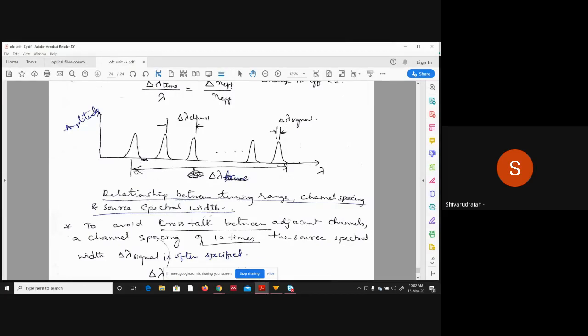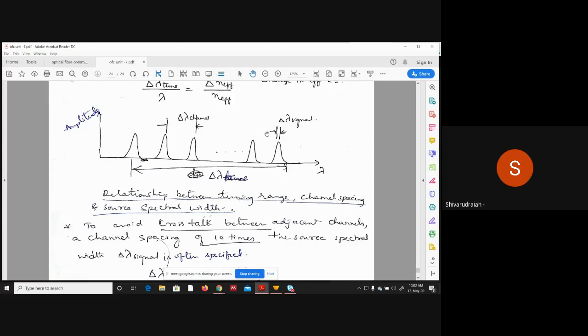As I mentioned, delta lambda tune is the range in which the light source can produce multiple wavelength signals. From the starting point to the end point, this is what we call delta lambda tune. So it can produce say 50 or 100 different wavelength signals. For example, 1300 to 1350.